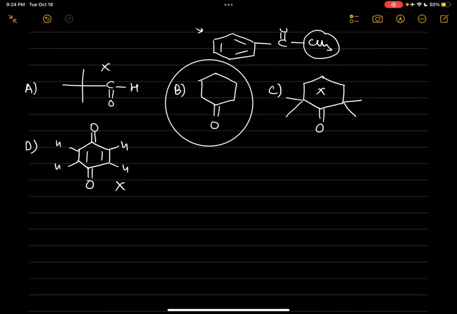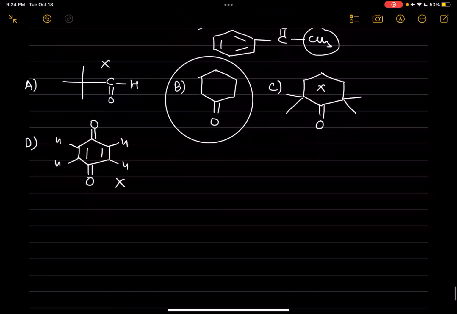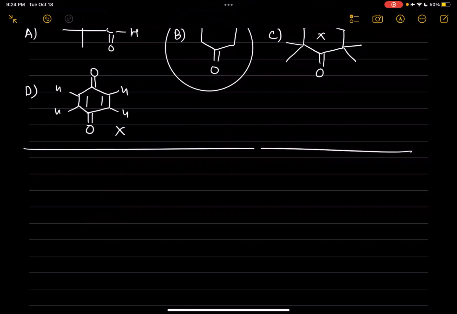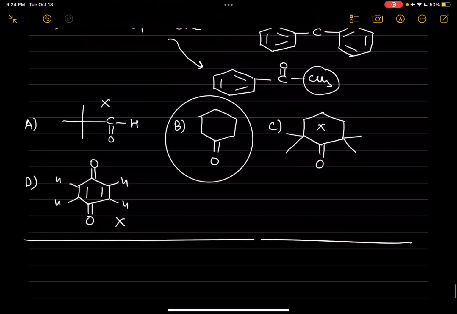Now the next thing is how it happens, why, what is the mechanism? You need to know a little bit of mechanism to solve some problems. Sir, for aldol condensation, the hydrogens should be acidic hydrogens.